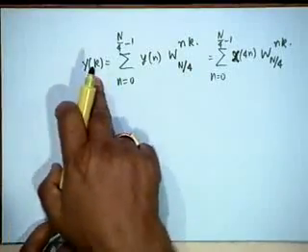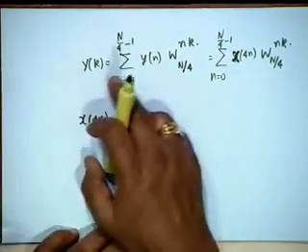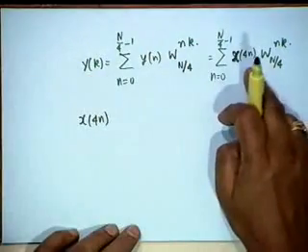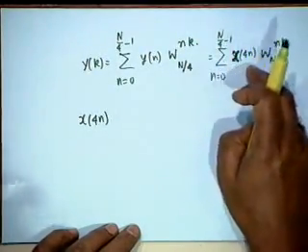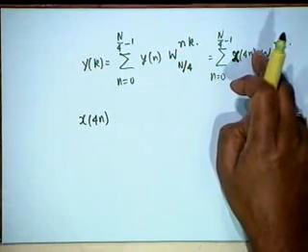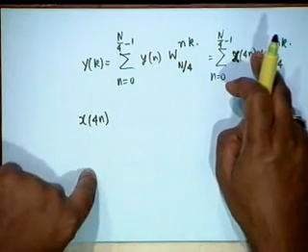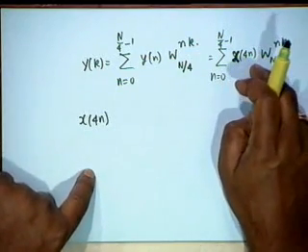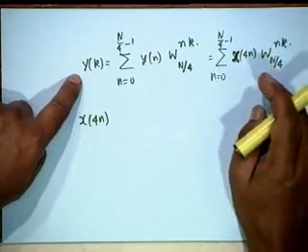The problem is to express Y of k in terms of capital X of k. Now we have expressed Y of k in terms of x of 4n. From x of 4n, let us bring capital X of k. That is the relationship between capital X of k and small x of 4n. If you substitute that, then you shall get Y of k in terms of capital X of k.